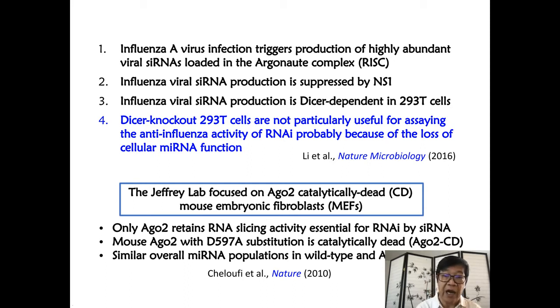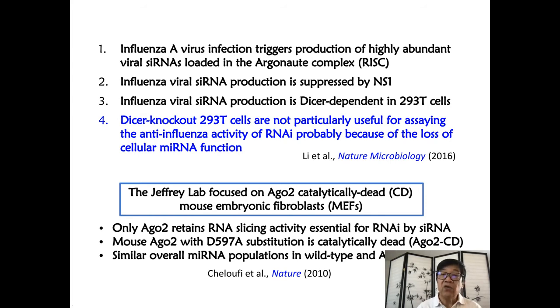So in an RNAi knockdown experiment, you require the Argo2 slicing activity to achieve the knockdown of your target mRNA. It was also shown by Greg Hannon's lab that mouse Argo2 with a single amino acid mutation, D597A substitution, is sufficient to abolish the slicing activity.